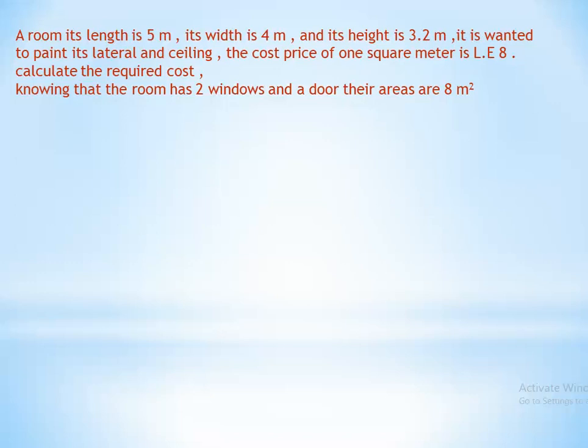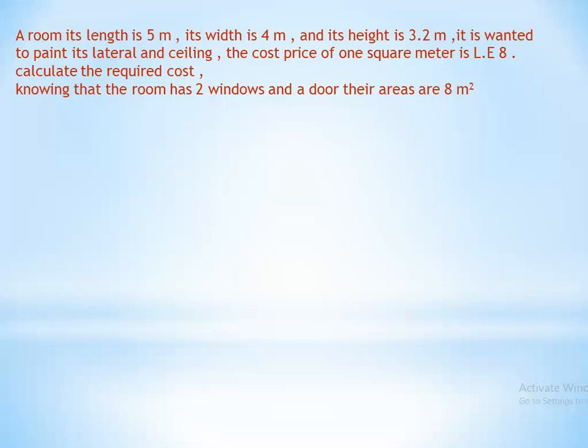When we want to paint any room, we paint the walls with one material and the doors and windows with another material. So if we want to paint a room, we have to calculate the total area of the room minus the area of doors and windows.